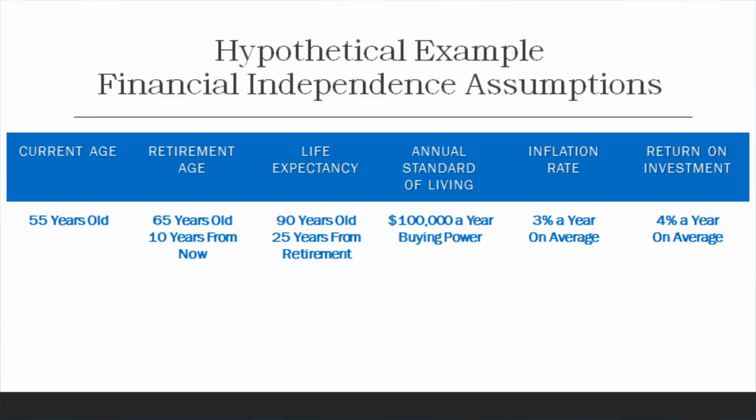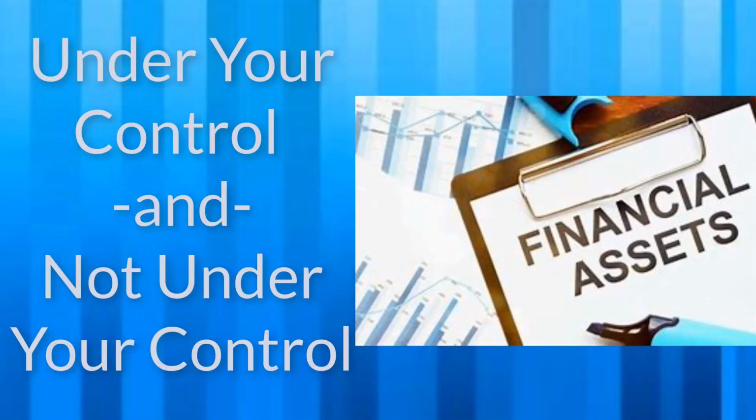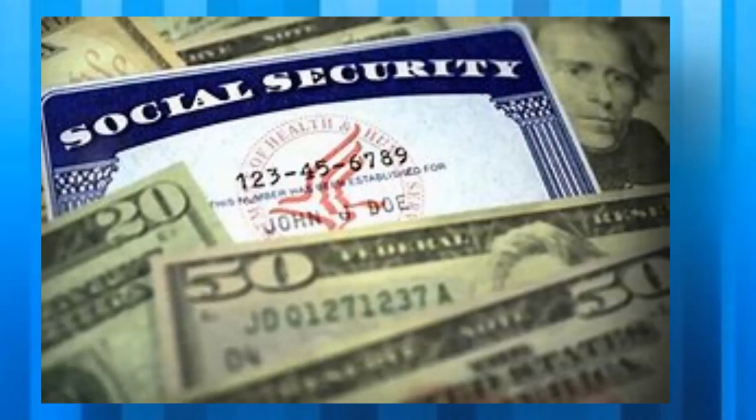When we input this information into the computer, it tells us that you're going to have a need to have assets of approximately $4 million. This will come from assets that you have under your control and those that you have a right to receive the benefit of that are outside of your control. For most people, this non-controlled asset is Social Security.